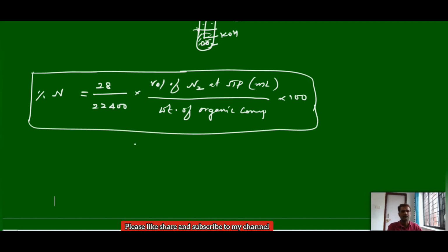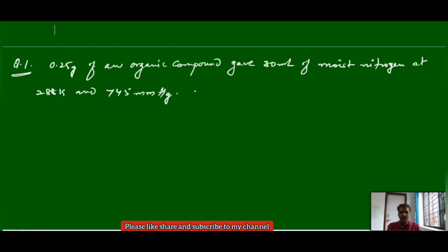This is a formula by Dumas method. Let us see one question. Calculate the percentage of nitrogen in a given organic compound.